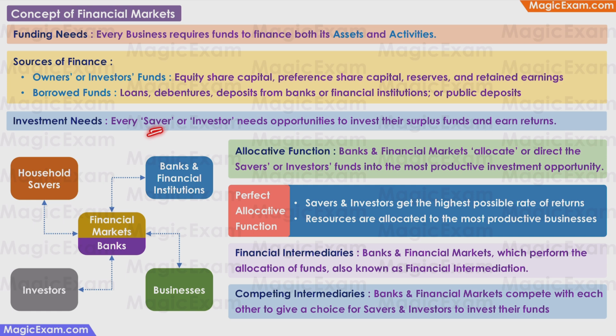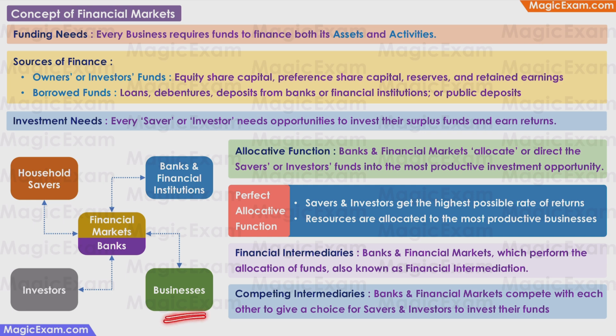They may invest in a bank fixed deposit, which will fetch a small amount of return. An investor may have a larger amount of funds, and they are willing to take a higher level of risk, and they may invest in shares or in debentures or in company deposits, or may even give out loans to various businesses. The higher the risk that the person is willing to take, the higher the returns that may be expected.